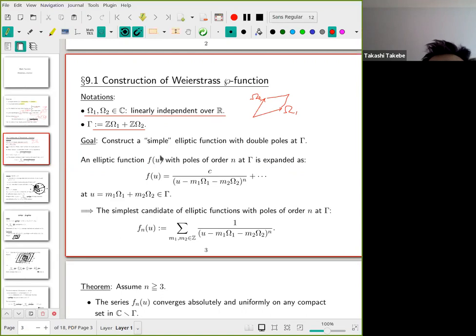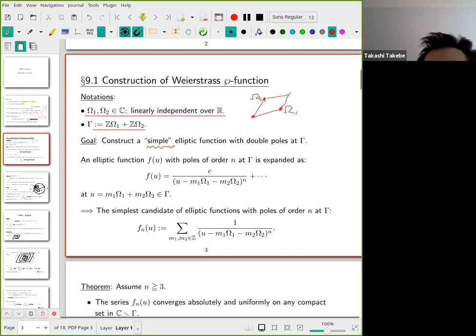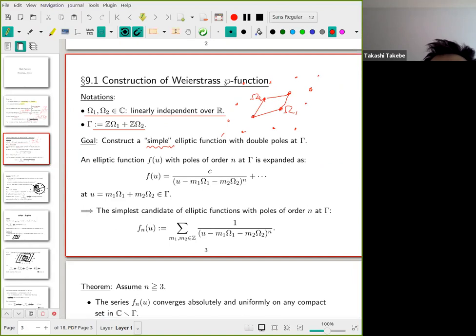Then what we want is a simple elliptic function with double poles at gamma, which means on these lattice points.